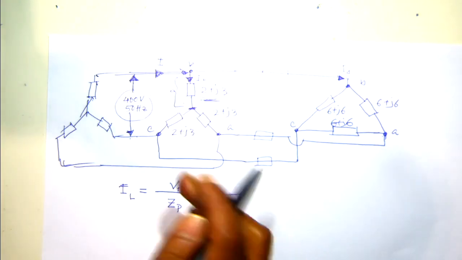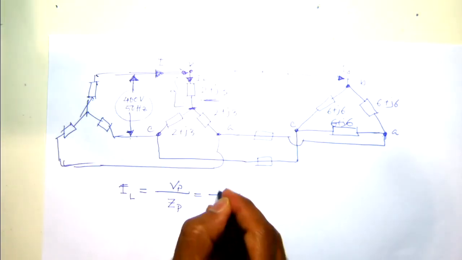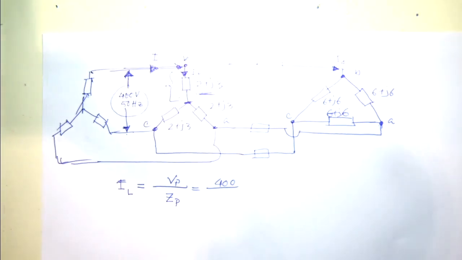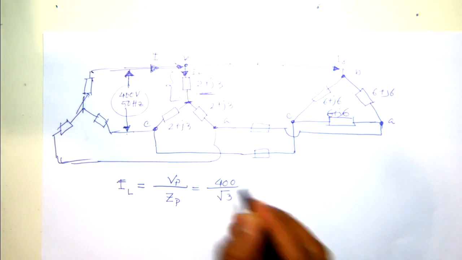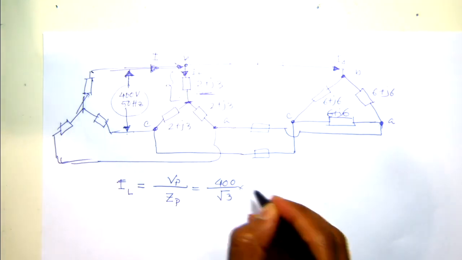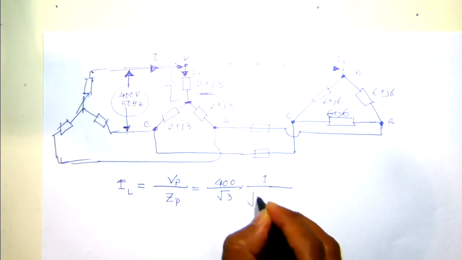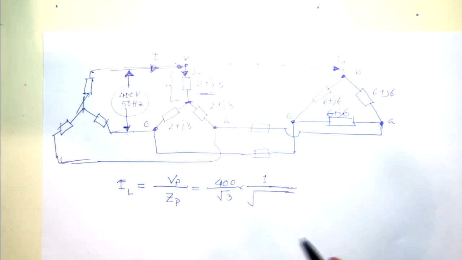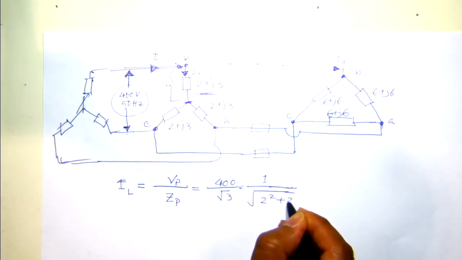Our phase voltage will be the line to line voltage 400 divided by root 3, and again divided by our phase impedance, that is the square root of 2 squared plus 3 squared.